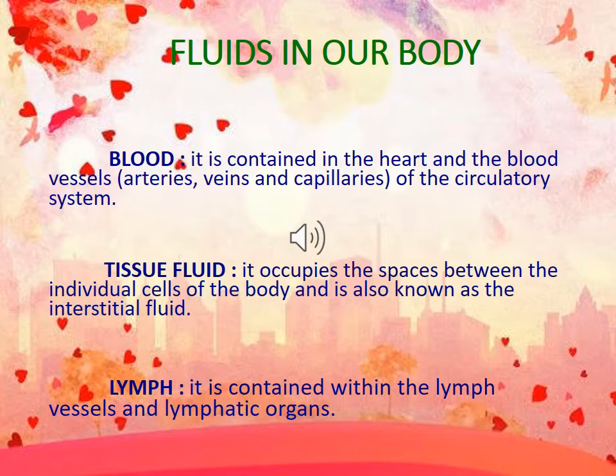There are many fluids present in our body. Those are blood, tissue fluid or interstitial fluid, and lymph. So, what are they? The first point is blood. Blood is contained in the heart and the blood vessels of the circulatory system. These blood vessels are arteries, veins, and capillaries.